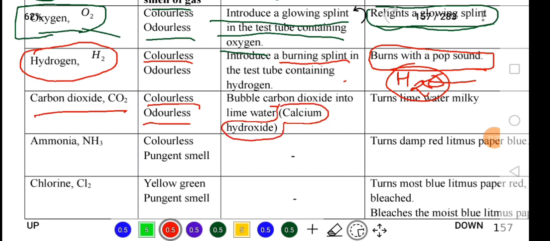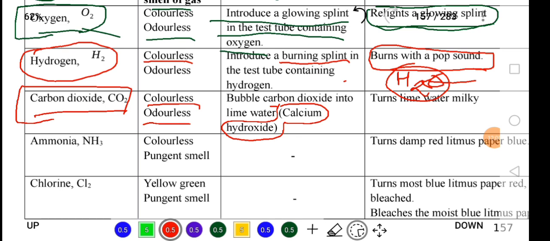Calcium hydroxide in aqueous state is commonly known as lime water. Now, when we bubble carbon dioxide into lime water, this carbon dioxide is able to react with lime water to form an insoluble salt which is known as calcium carbonate. And that calcium carbonate now turns this lime water milky.